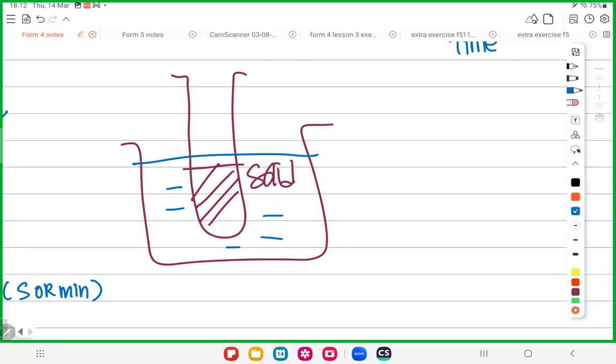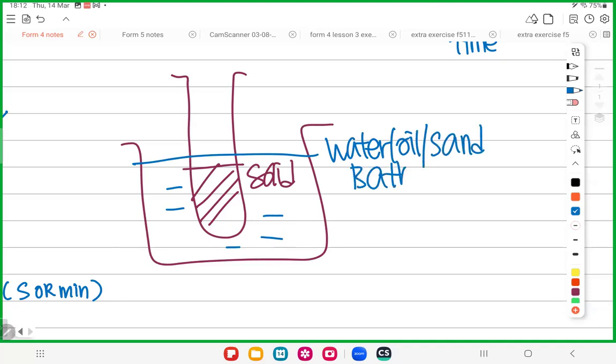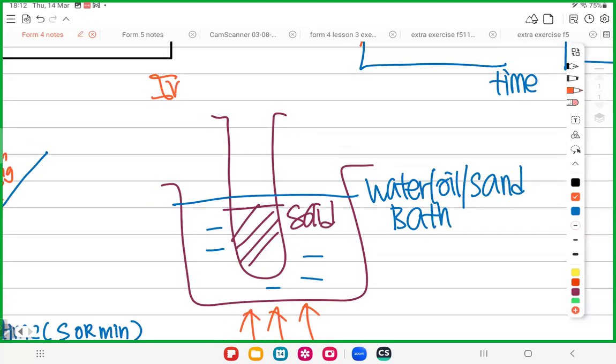No problem. So you heat here, then this whole thing becomes hot, then you go to heat the substance. So this is called indirect heating.